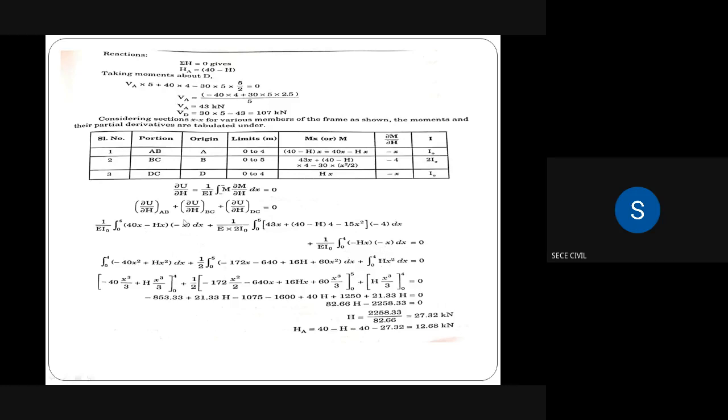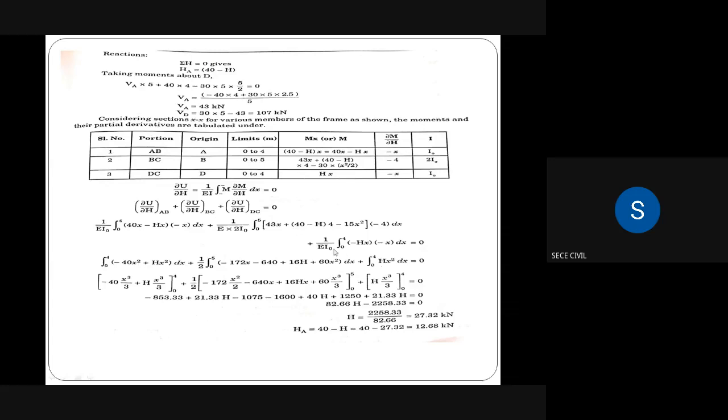Next step, multiplying the x inside, we get integration 0 to 4 of minus 40x square plus hx square dx, plus 1 by 2 integration 0 to 5 of minus 172x minus 640 plus 16h plus 60x square dx, multiplying by minus 4 inside. And the last term, plus integration 0 to 4 of hx square dx is equal to 0.